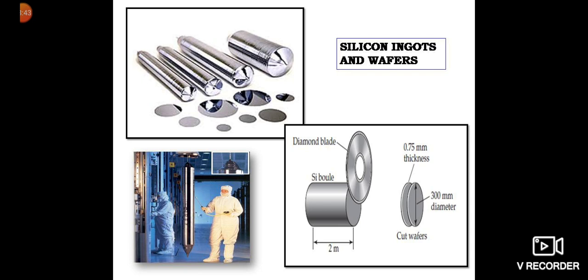Here you can see the pictures of silicon ingots and wafers. The pictures on the top left side are the pictures of silicon ingots. Ingots means the form in which we get it after production.